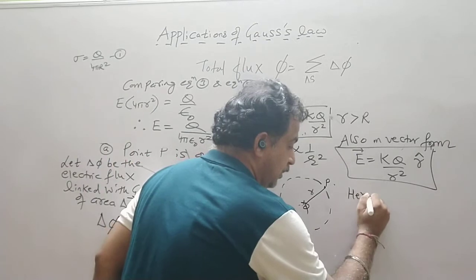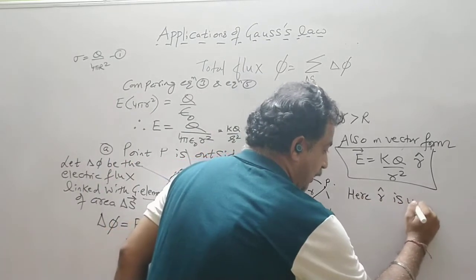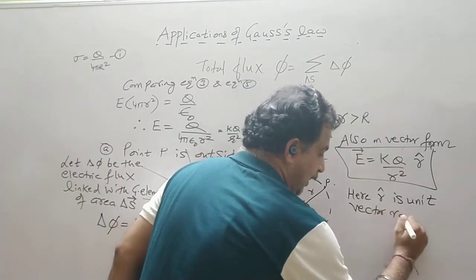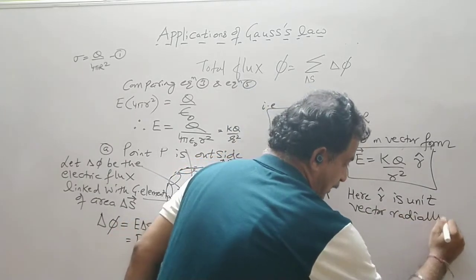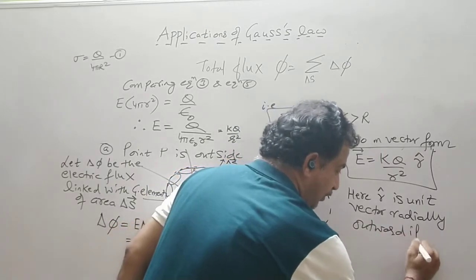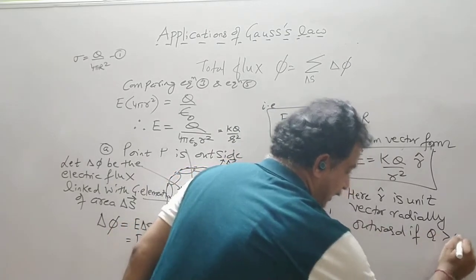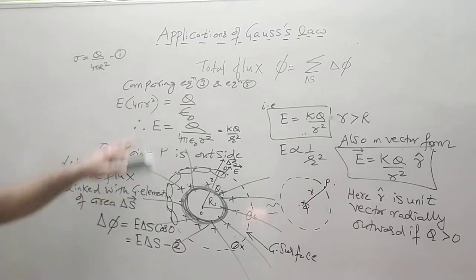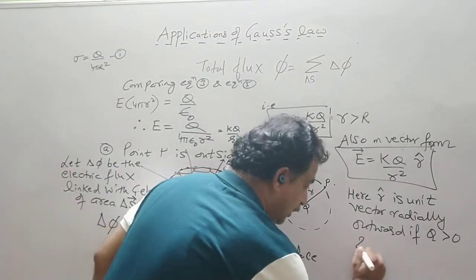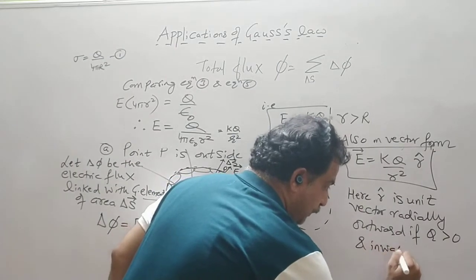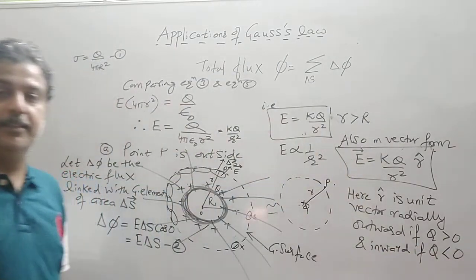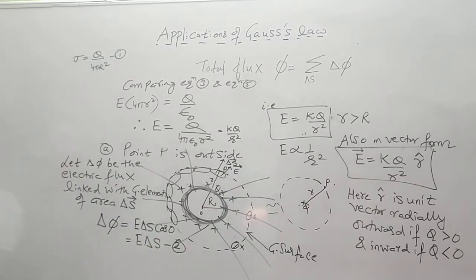Here r cap is the unit vector radially outward if Q is greater than 0 or sigma is greater than 0, if the surface charge density is positive, and inward if Q is less than 0, that is, if our source charge is negative.